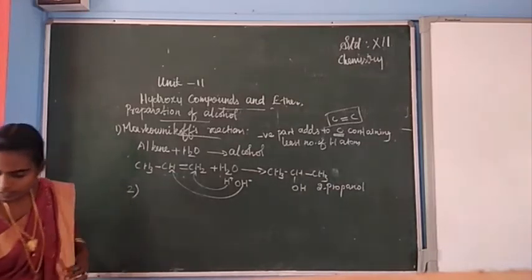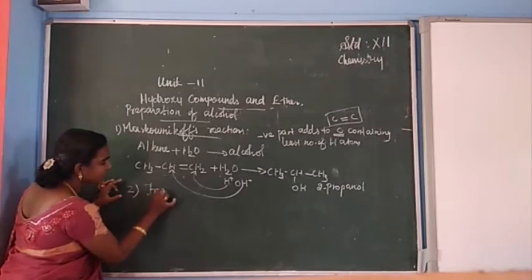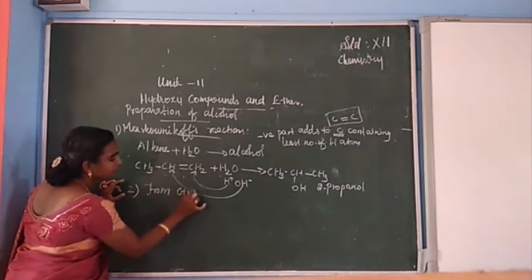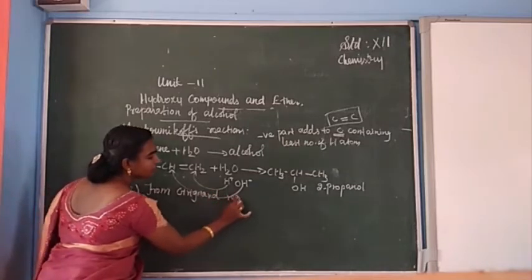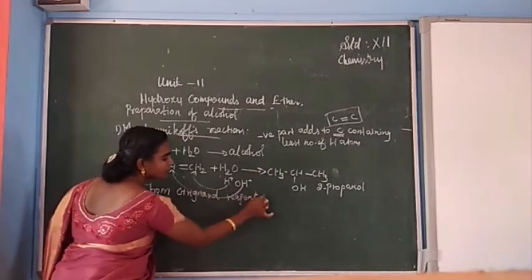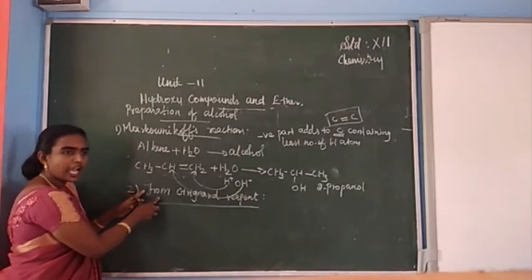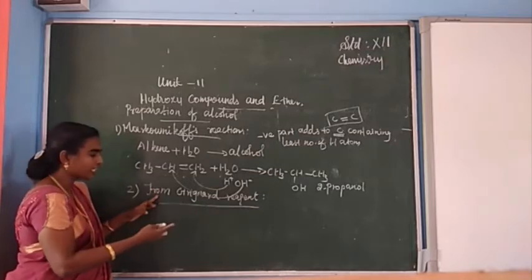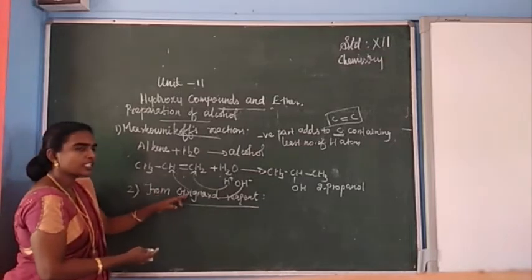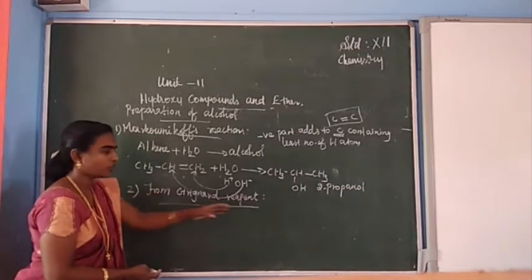When Grignard reagent adds with carbonyl compounds, either aldehyde or ketone, afterwards on hydrolysis of the particular compound, it will give alcohols.